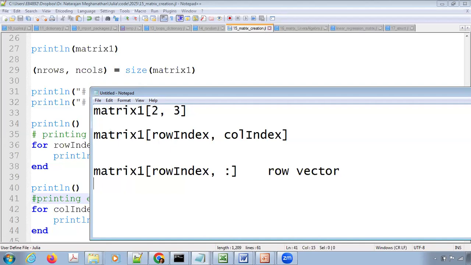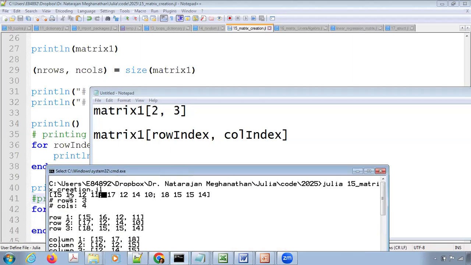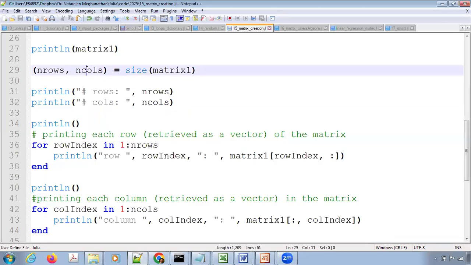Okay. If you want to write a program that prints the rows of a matrix as a sequence of row vectors, which this print statement already does, but we want to separately print, say, per line, or access each row vector, then we can run a loop for row index in 1 to nrows. This is one way to run the loop, with 1 to nrows as the range of values for the row index.